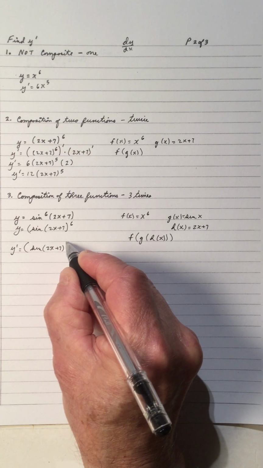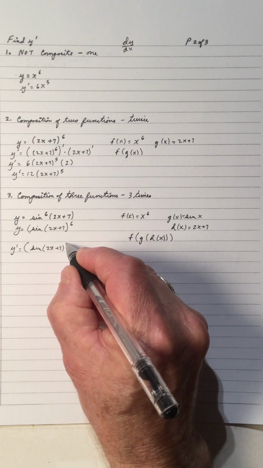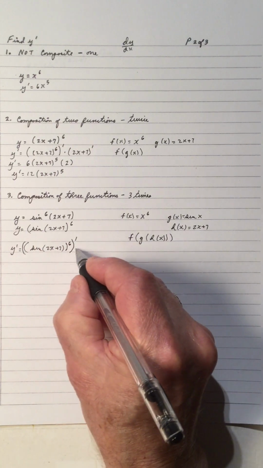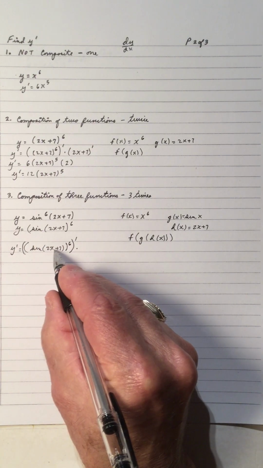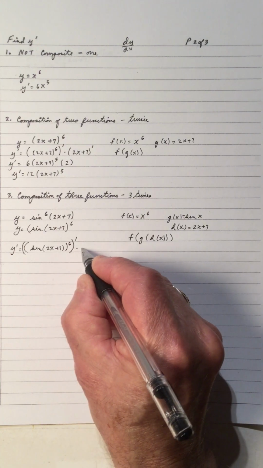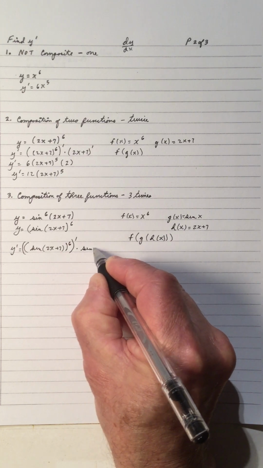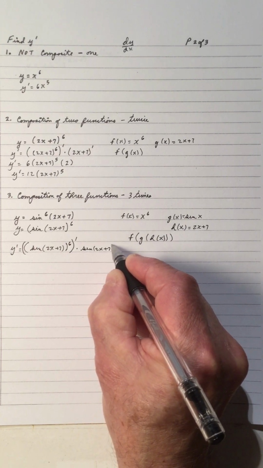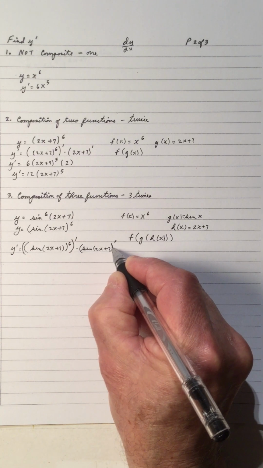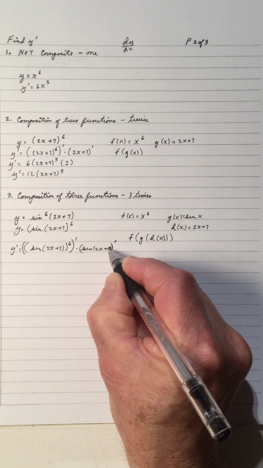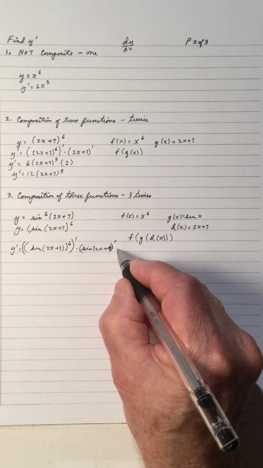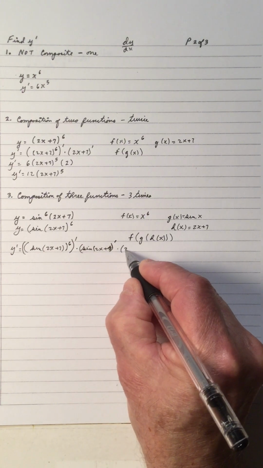It's all raised to the 6th power, and we're doing the derivative of that times the derivative of the inside, which is sine of 2x plus 7, the derivative of that, times the derivative of the inside of this, which is 2x plus 7, so 2.